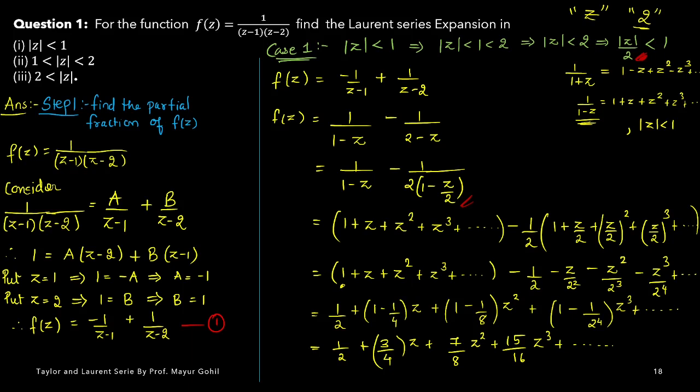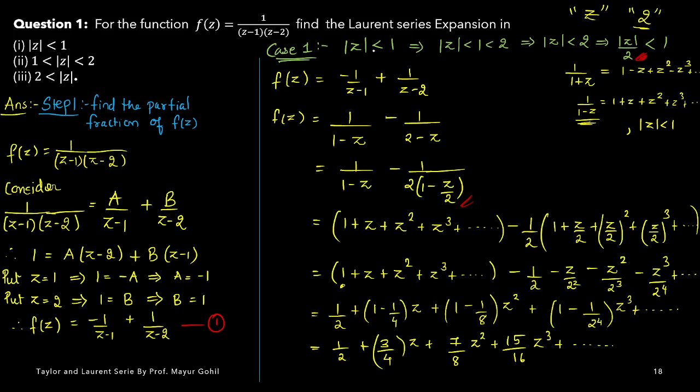Once you find the partial fraction, go for the case which is given to you. In each case, try to see whether you have the number which is there in the denominator. Can you get that? So I had 1 and 2 over here.